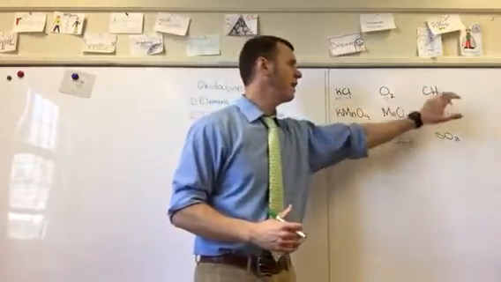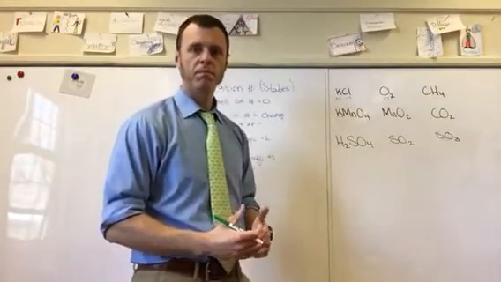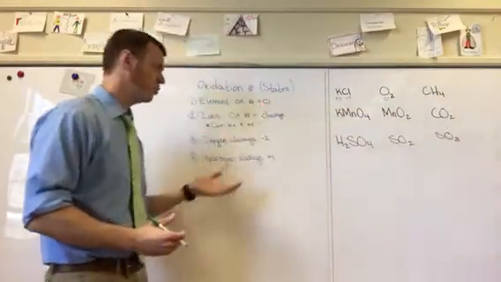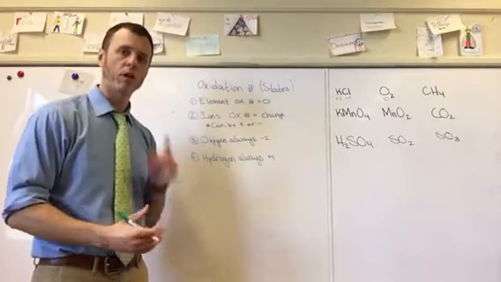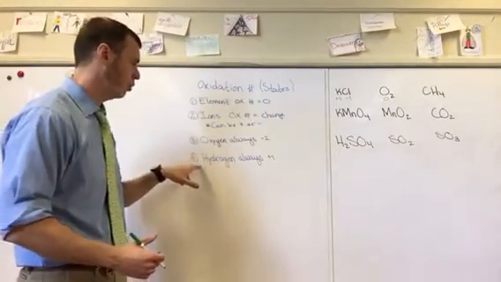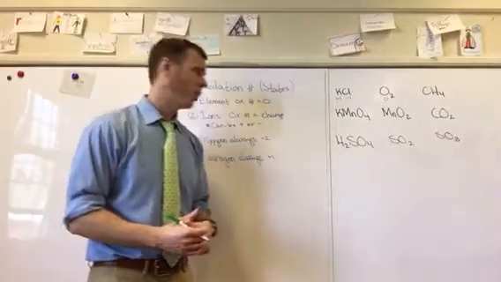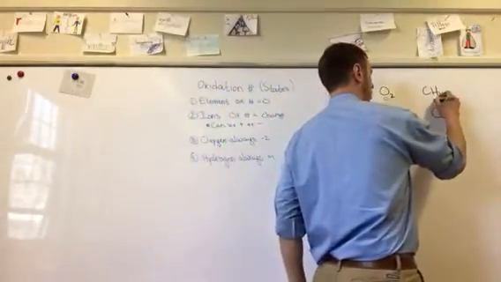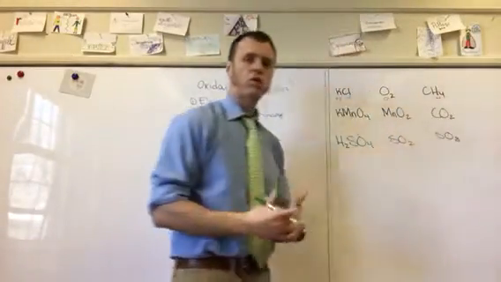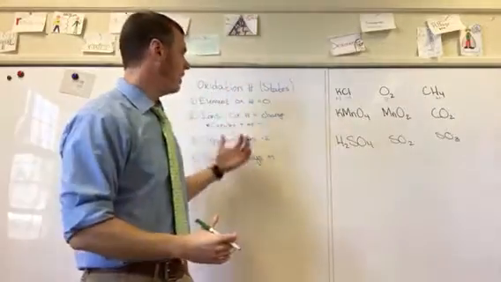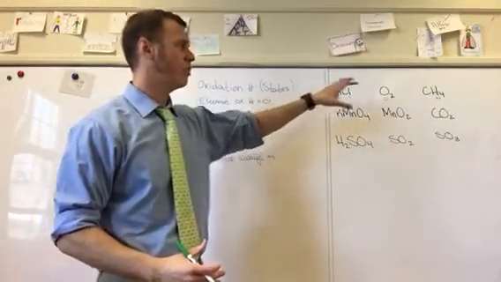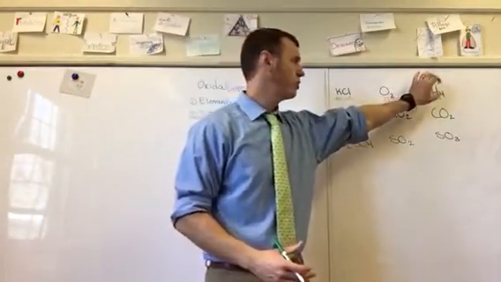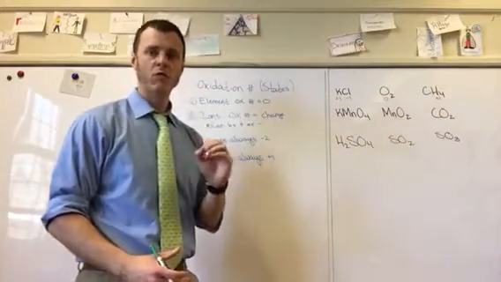Here we go. CH4. All right, this is methane. We have nothing here in the rules describing what we should do with carbon, but we do have a rule describing hydrogen, and that's always +1. So if hydrogen's +1, all the oxidation states are going to add up to the charge of the compound. So what's the charge of methane? It's 0.